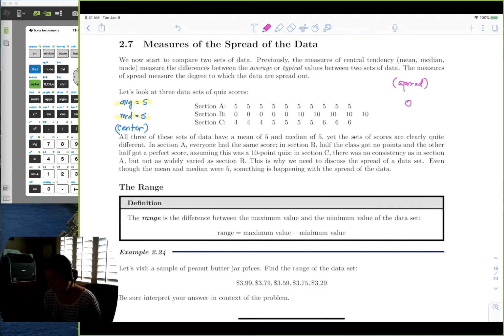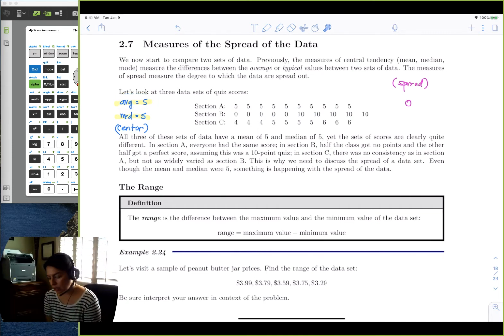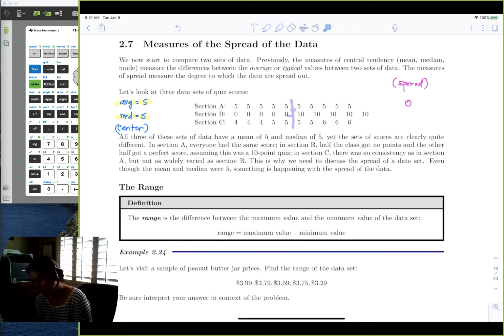What about B? Section B has 5 zeros and 5 tens. If the average is 5, what is the distance from the average to these scores? Well, from 0 to 5, that's 5 units. From 5 to 10, that's also 5 units. So what is the average distance from the mean? Well, 5 units, because 5 is in the middle.